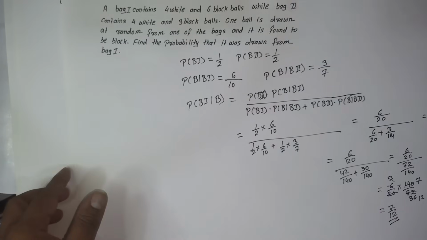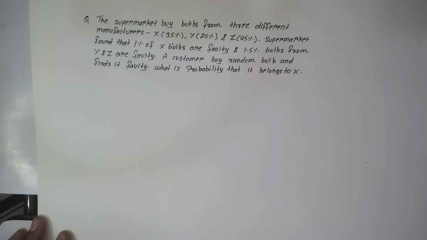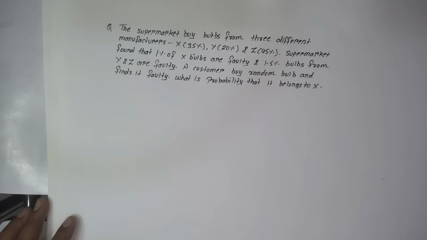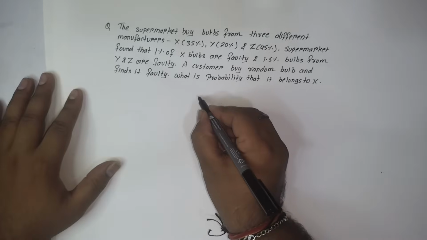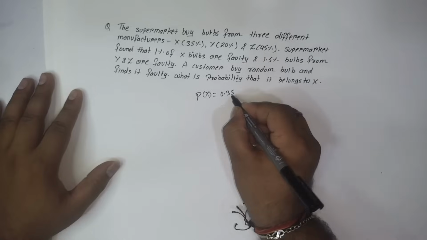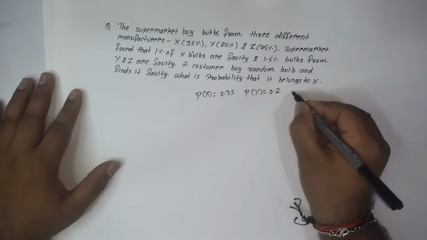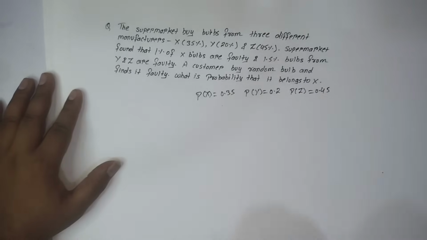Let's try to solve the next question. The question says a supermarket buys bulbs from 3 different manufacturers X, Y and Z with respective probabilities. So in this question, the probability of X is 0.35, the probability of Y is 0.2 and the probability of Z is 0.45.